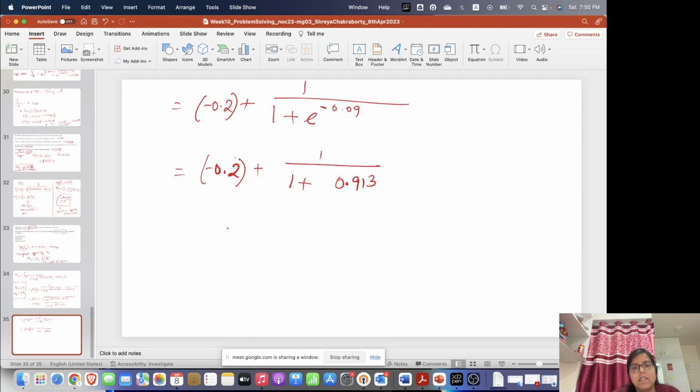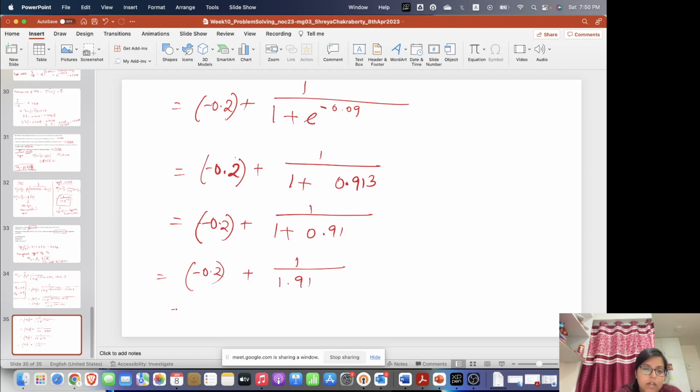So we can write this as minus 0.2 into 1 by 1 plus 0.91, which is minus 0.2 into 1 by 1.91.